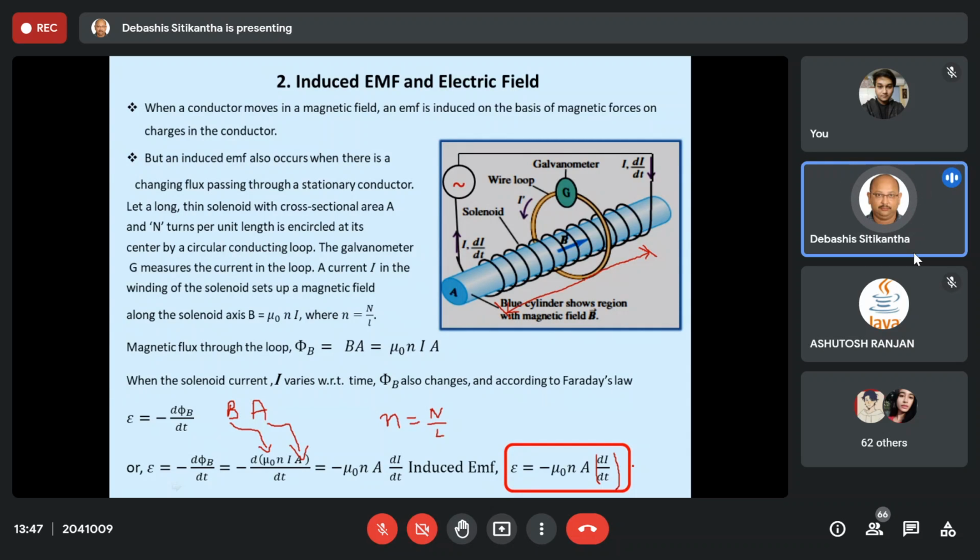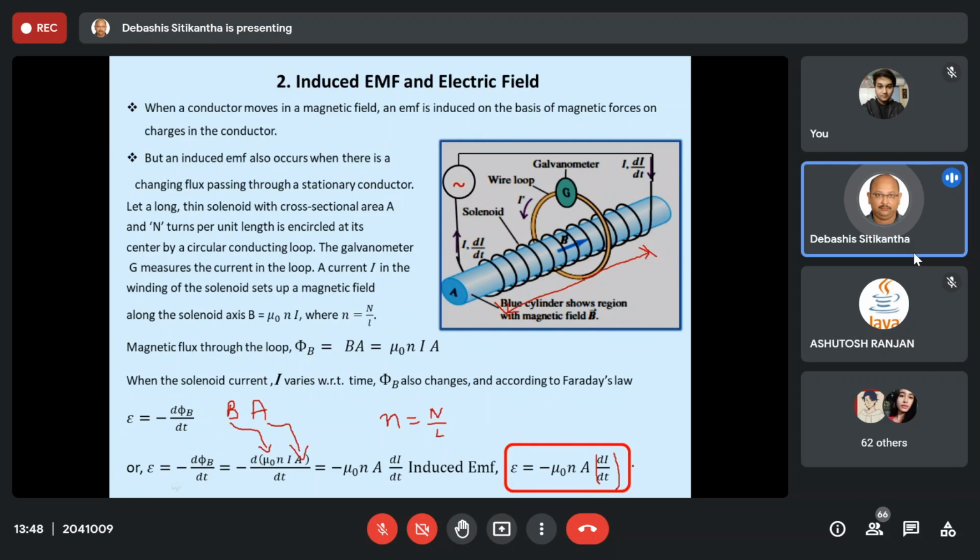Suppose you have a tablet and a mobile phone, and both are equipped with wireless charging. If you want to charge them, both can be charged. For that purpose it should be synchronized to a particular frequency.